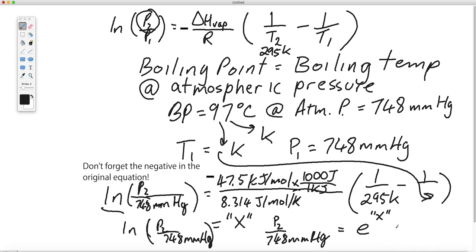And we can do that in the calculator using the inverse natural log button, the inverse ln, or the second function ln button. Then you can see that getting P2 is pretty easy. We just multiply both sides by 748 millimeters of mercury, and that'll lead us to our P2 value.